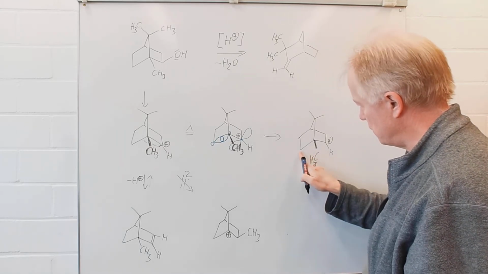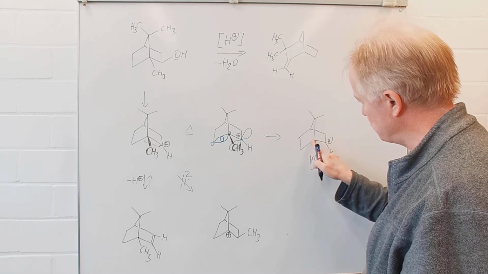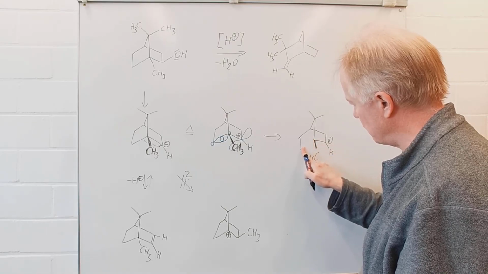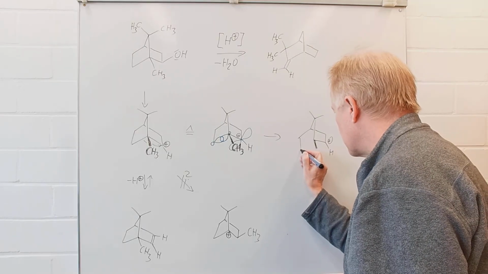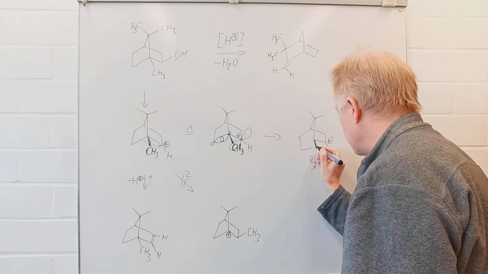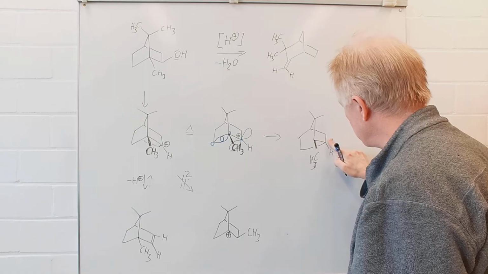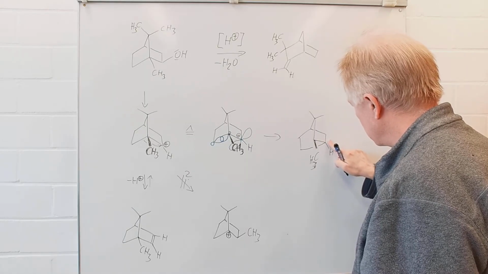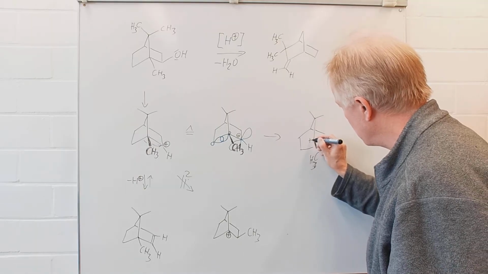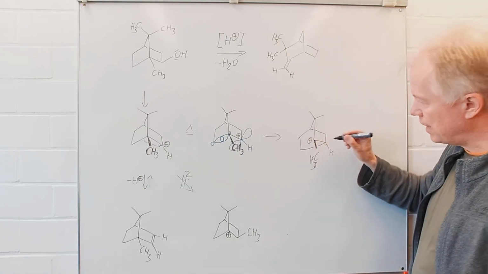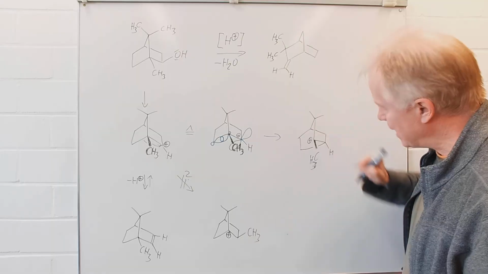As we said, this carbon migrates to this position and takes those electrons with it. So then this bond is formed, positive charge is gone here, but develops at that carbon.